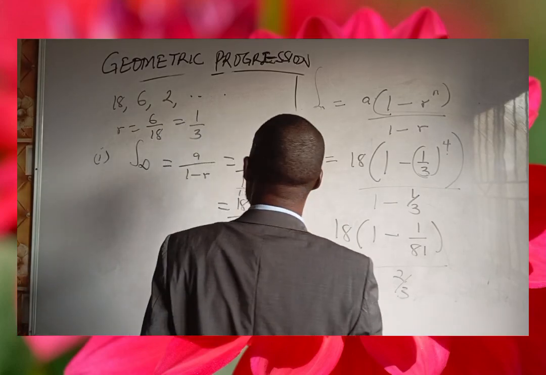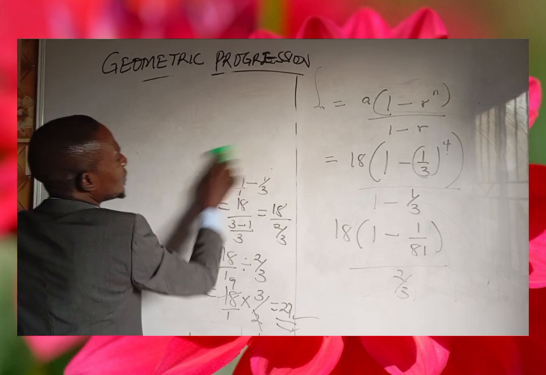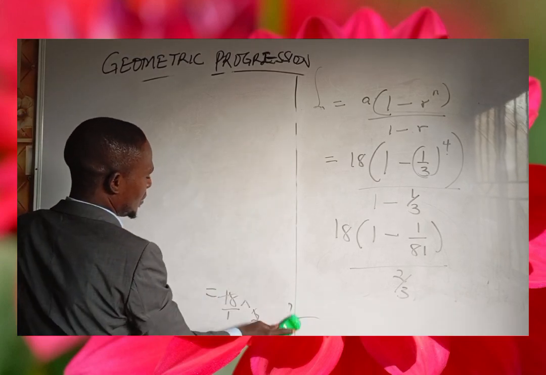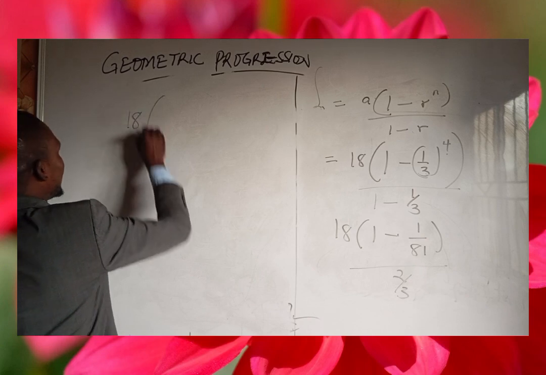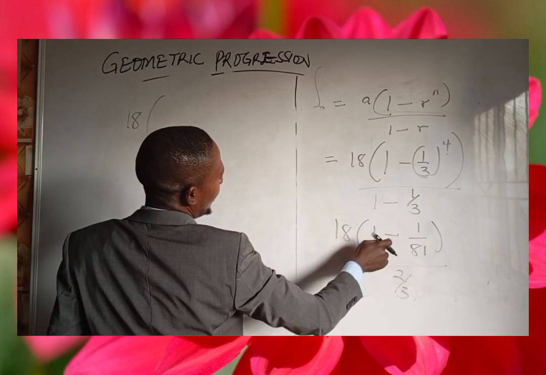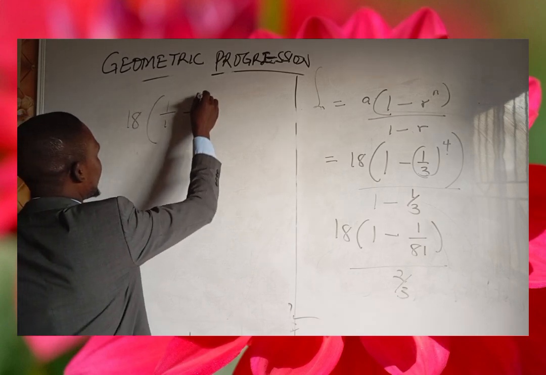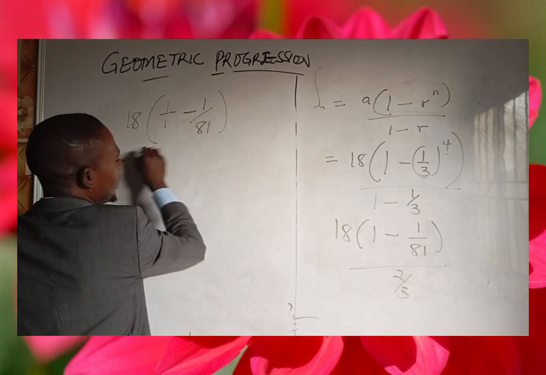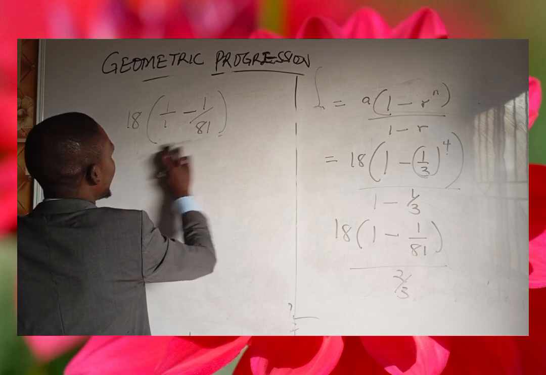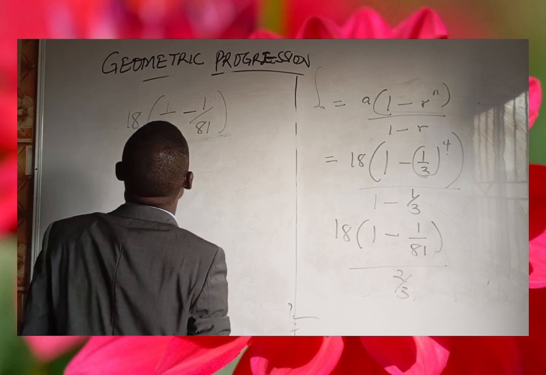So now let's continue from this place. Let's do the maths. 18 into, we subtract this from this, the same as 1/1 minus 1/81, everything divided by 2/3.